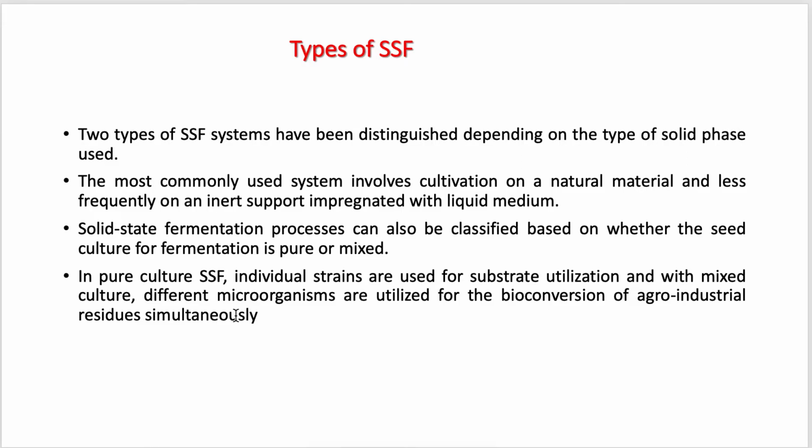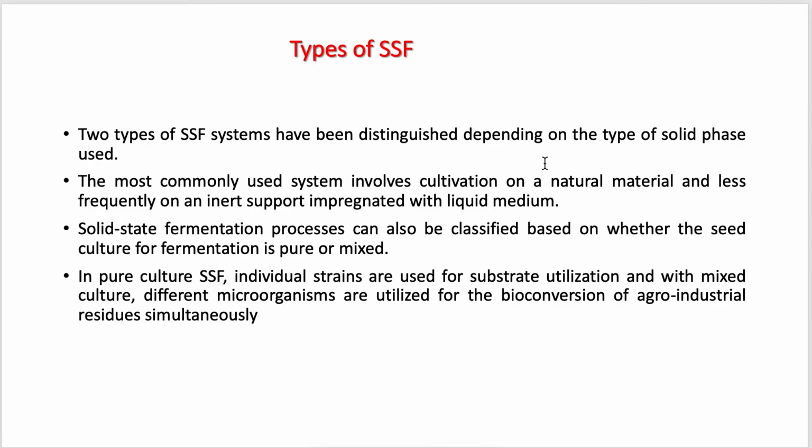One involves cultivation on natural material, where the microbes are cultivated on natural material. This is the most common SSF. The other, less frequently used, is on an inert support impregnated with liquid medium.